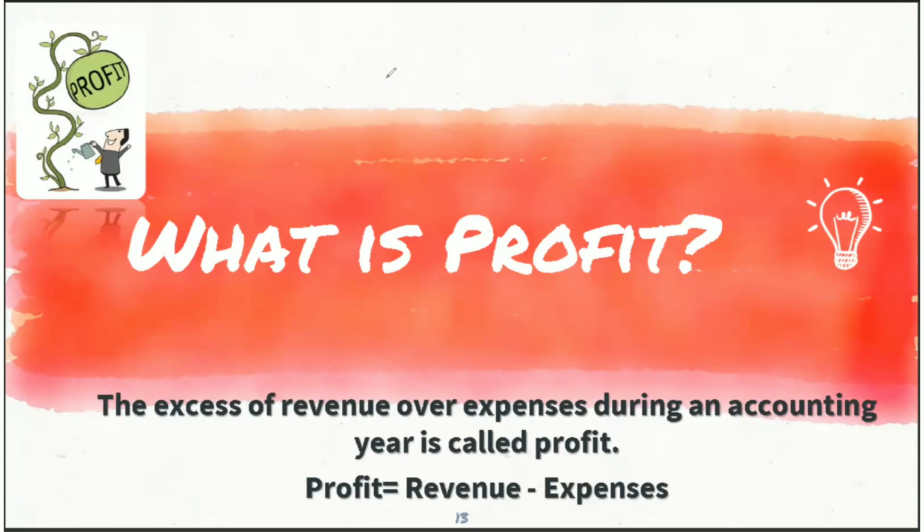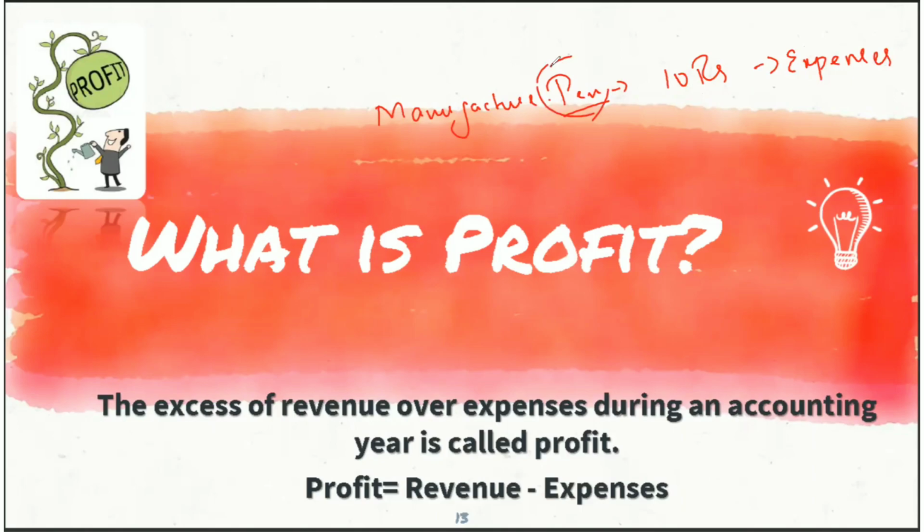Let's assume to manufacture a product, let's assume a pen, it costs the manufacturer 10 rupees. The manufacturing cost of a pen is 10 rupees. Now this is an expense, right? This is an expense which is incurred in order to manufacture a pen.